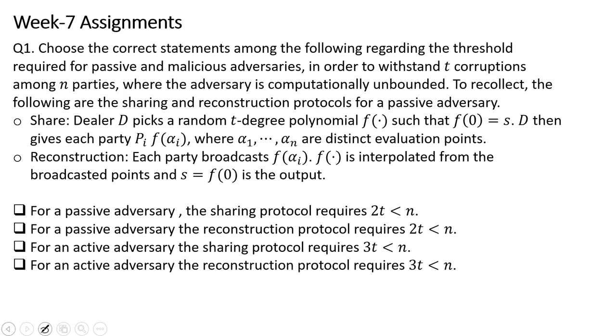However, for an active adversary, that is a malicious adversary who can deviate from the protocol arbitrarily, we were just discussing that we need to take some additional measures to support verifiable secret sharing scheme. And for a verifiable secret sharing scheme which is perfectly secure, we have discussed that n should be strictly greater than 3t.